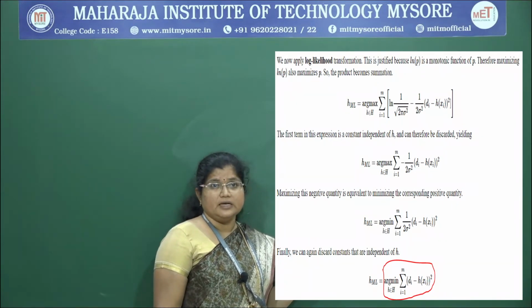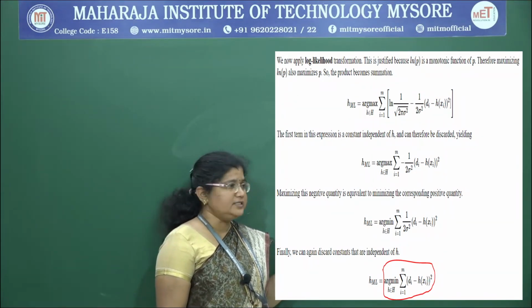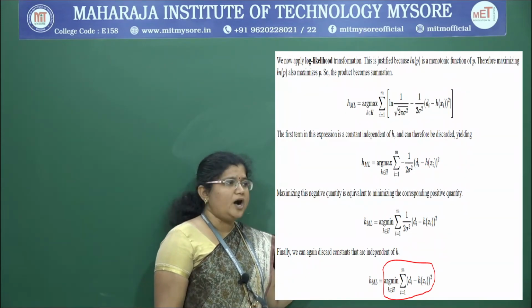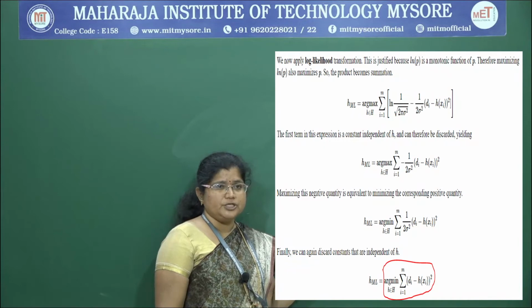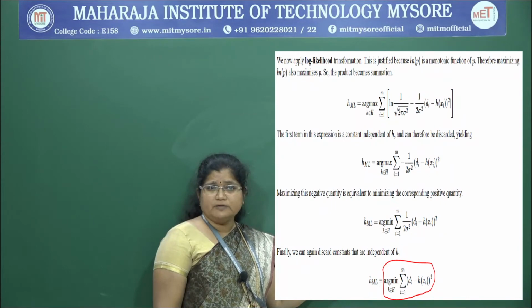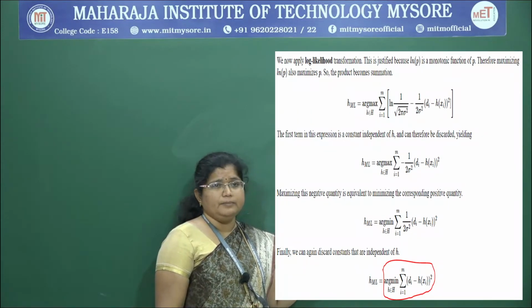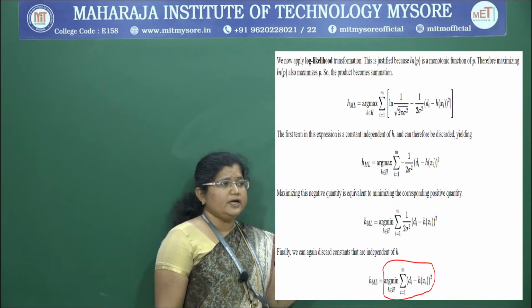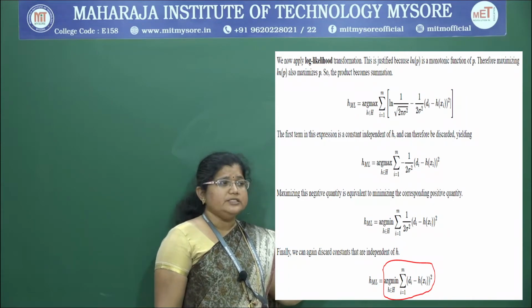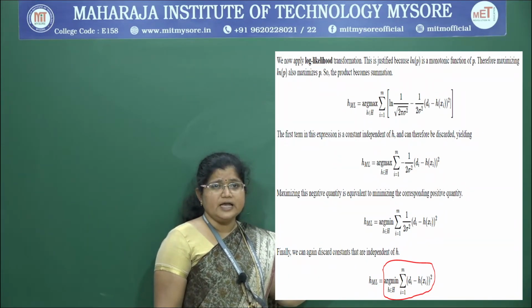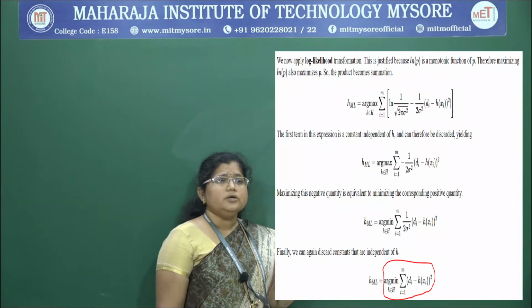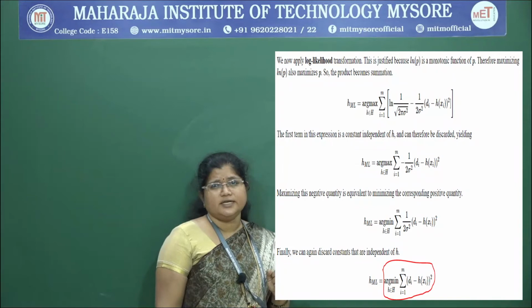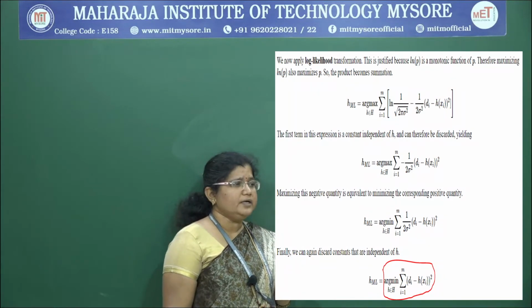By using this monotonicity, we can rewrite it as HML is equal to argmax h belongs to H, summation of i equal to 1 to m of ln 1 divided by square root of 2 pi sigma square, minus 1 divided by 2 sigma square into di minus h of xi the whole square. The first term in this expression is a constant and independent of h, so we can discard it from the equation.